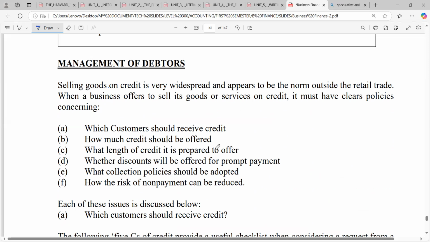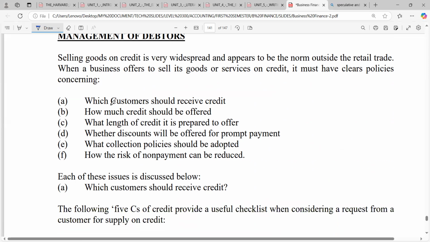These are the factors that you need to consider when you want to give your goods to someone. So each of these issues will be discussed below.